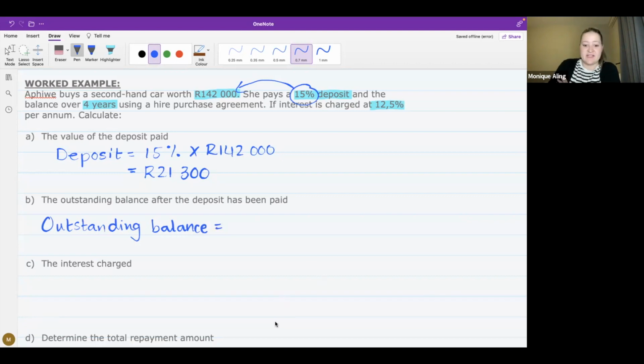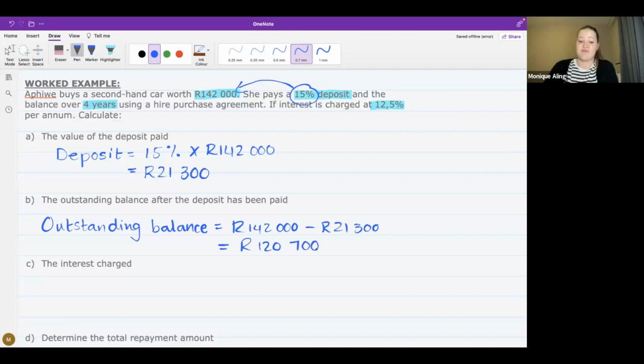Let's see what the chat says. Nice. Good. So we take how much the car is, 142,000 minus the deposit that's been paid already. So Apiria still needs to pay 120,700 Rand. Good. And I see you all got that.